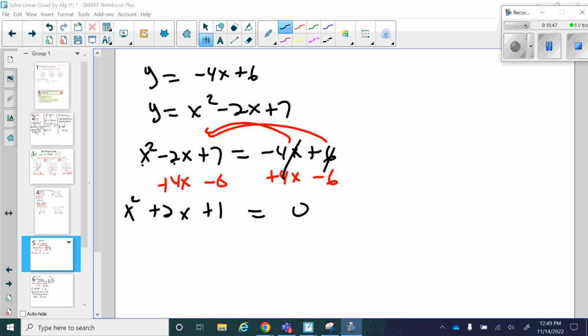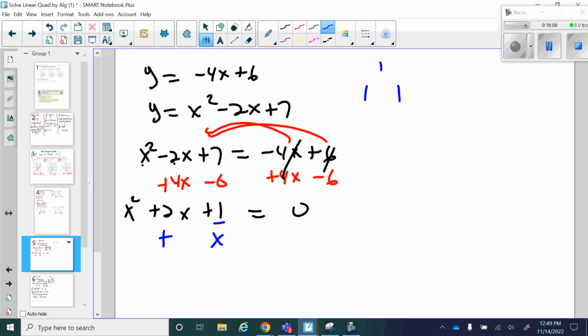All right, guys, so now I have to factor this, and so again, I look at the C value, 1. What are the factors of 1 such that when I add them, it gives me 2, but when I multiply, it gives me 1? Well, the factors of 1 are 1 and 1.